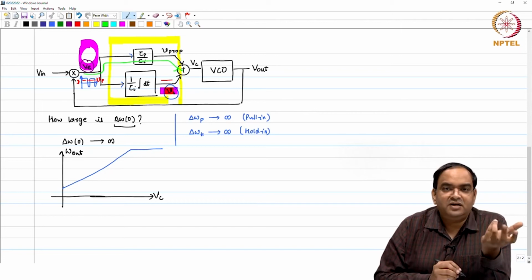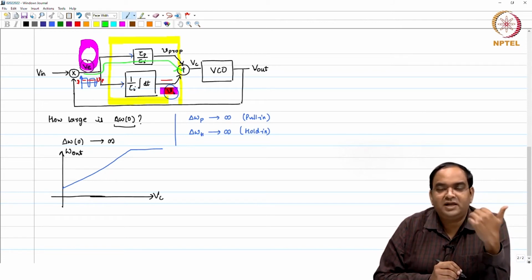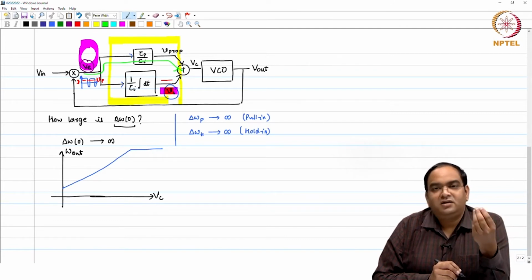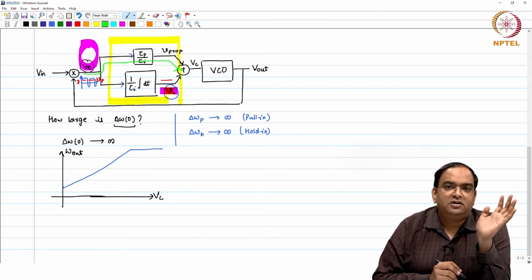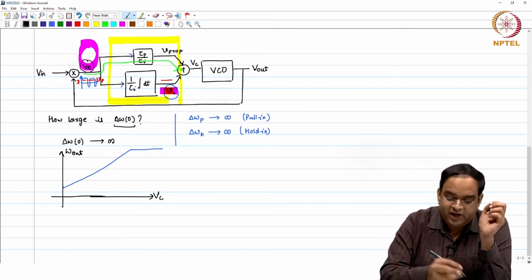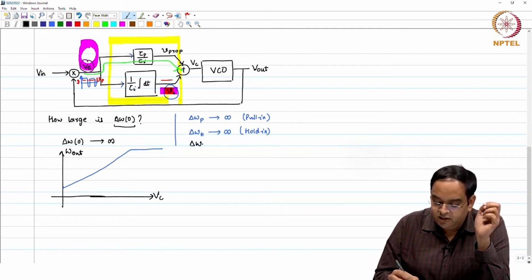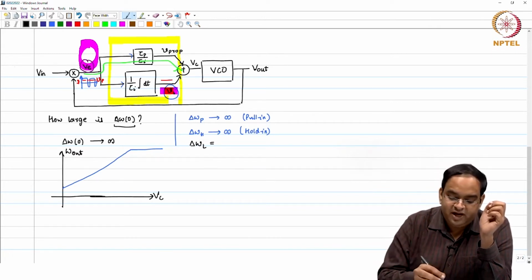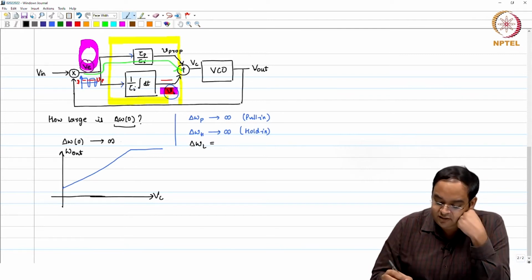If the integral path does not need to develop any voltage, and the proportional path acquires the lock, which we have seen earlier, then you will not exceed the phase error of 2 pi. So, that limit will come from the proportional path, and delta omega lock in is equal to the same analysis only for the proportional path. This is going to be kpd times tau p by tau I, this is the proportional path gain, times k VCO.